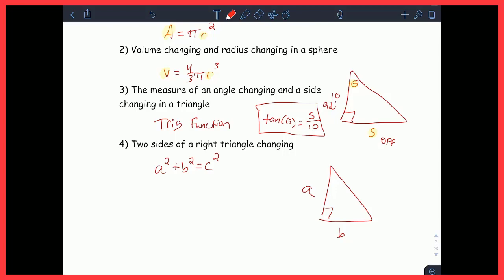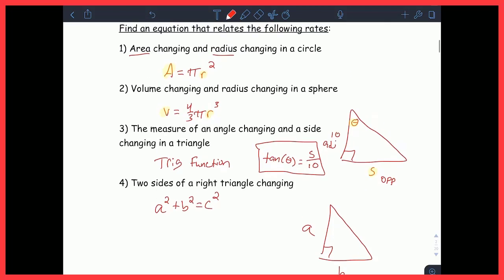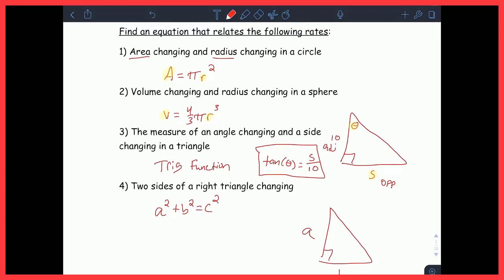Now the equation that you're creating that relates the rates is always the function that you differentiate. So whether it's the area, the volume, this trig function, or the Pythagorean theorem, those are the functions that you take the derivative of, with respect, as mentioned in the previous slide, to time.